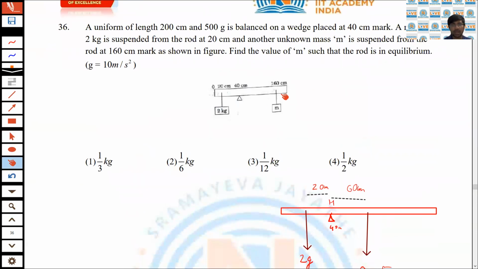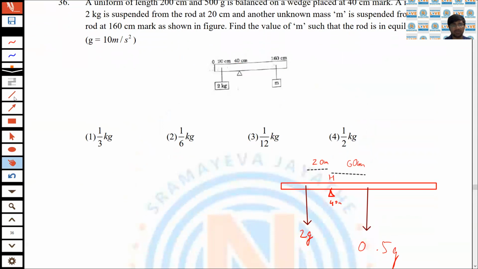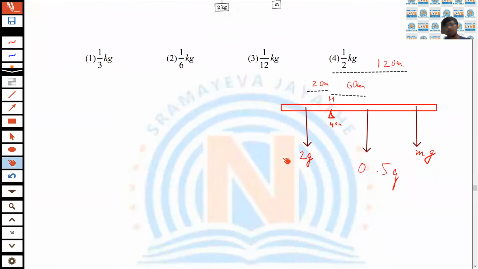Now another mass is located at 160 centimeters, that is 120 centimeters from the fulcrum, right over here, and this value is equal to mg. Now the clockwise torque is the same as the anti-clockwise torque about the hinge. So what we can write is 2g multiplied by 20, which is the anti-clockwise torque about the hinge.